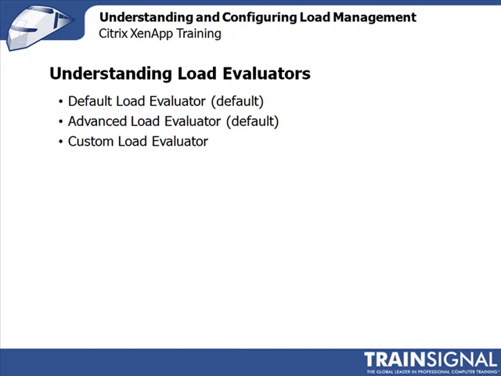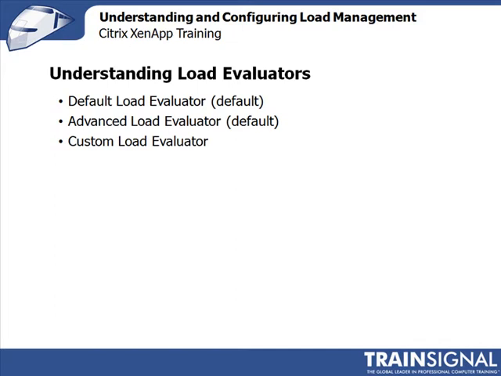With the advanced, it goes one step further, and we're going to talk about the exact details of it when we get into it. But with advanced, it takes into consideration the CPU utilization on the server, the memory utilization, the paging, the disk on the server. So it's a little more intelligent than just, well, I'm going to send one user here, one user there, and if this server has fewer users, I'm going to send more users to it.